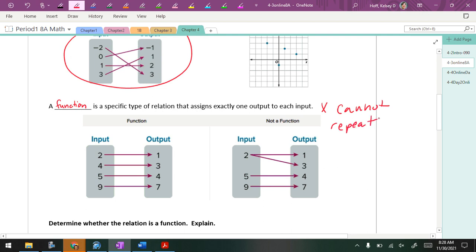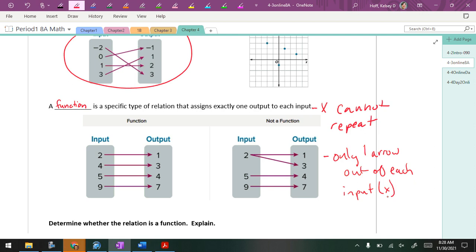You cannot use the same number for x more than once. Only one arrow out of each input or x value. Your input cannot repeat, and you can only have one arrow coming out of each x value.